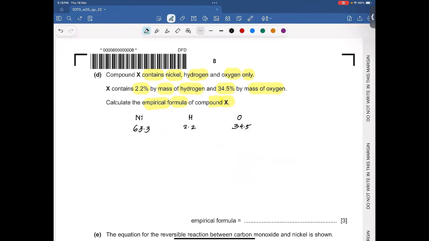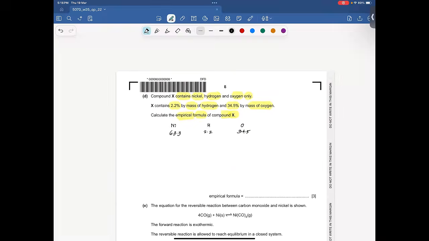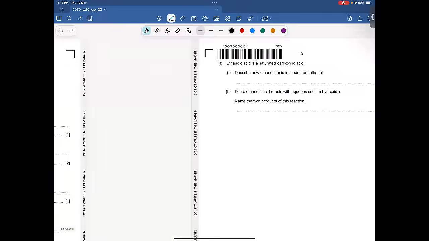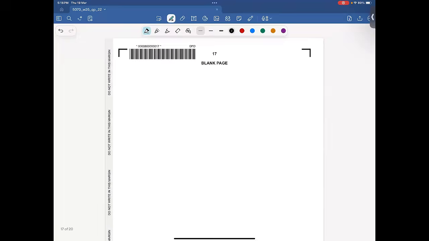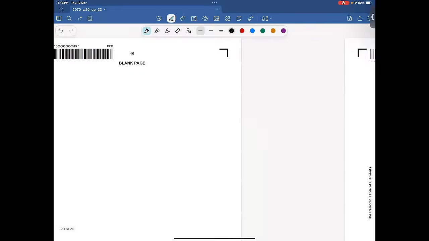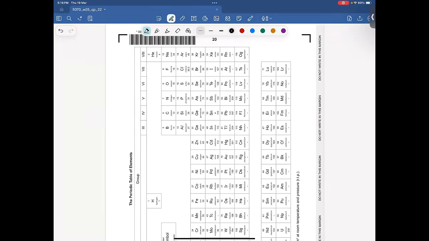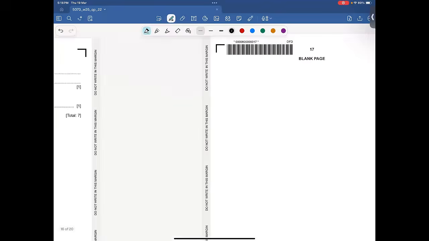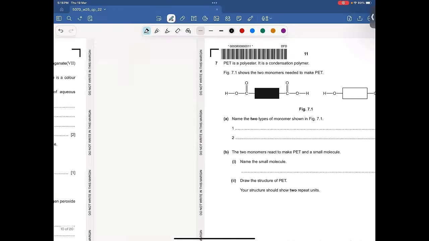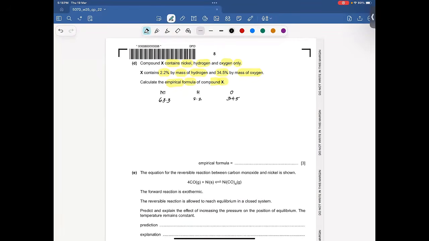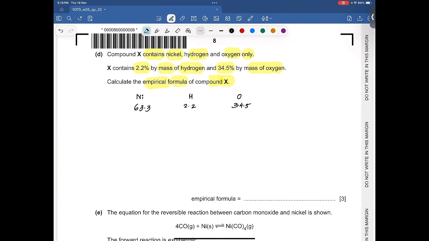Now nickel is 59. So let me divide by 59, by 1, and by 16.